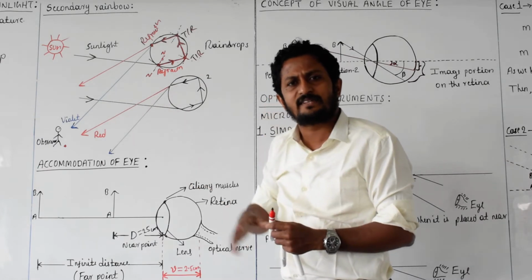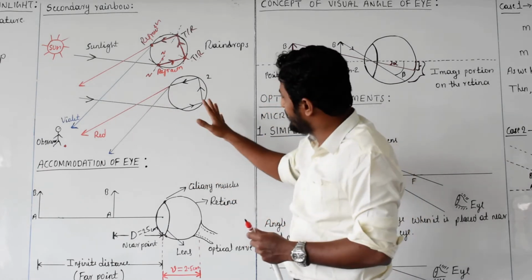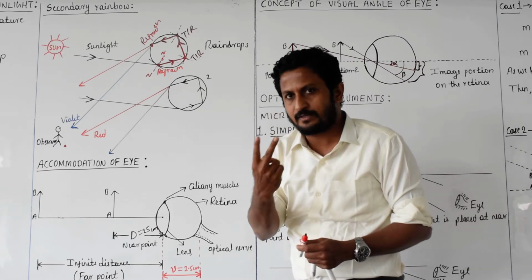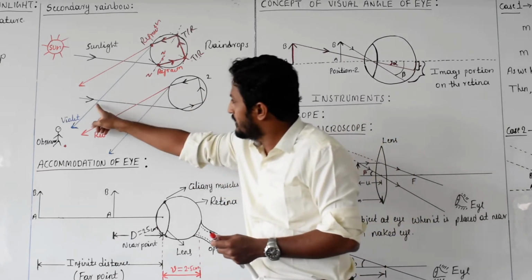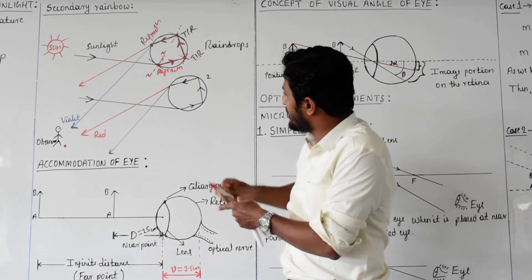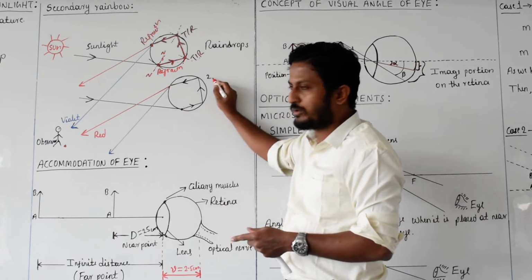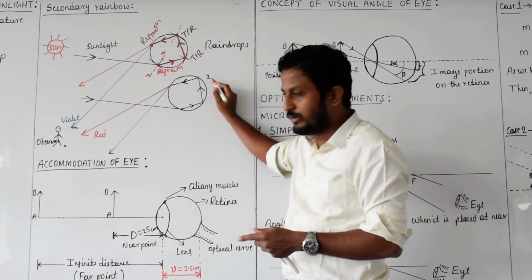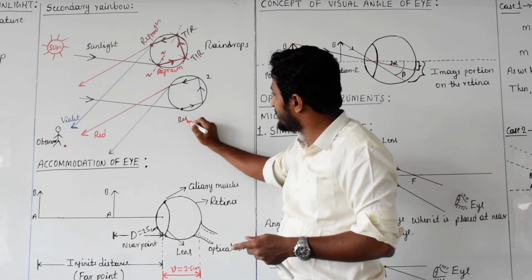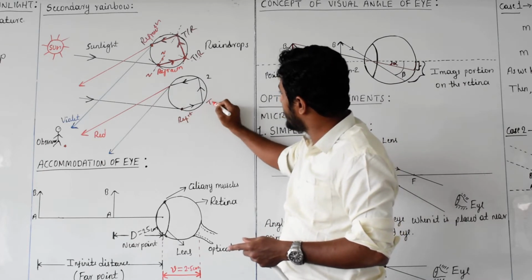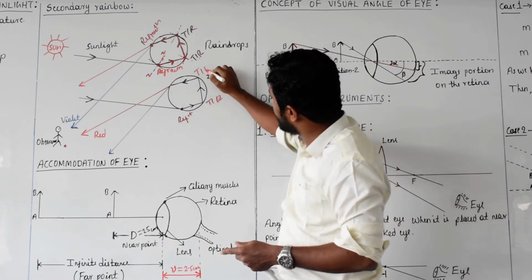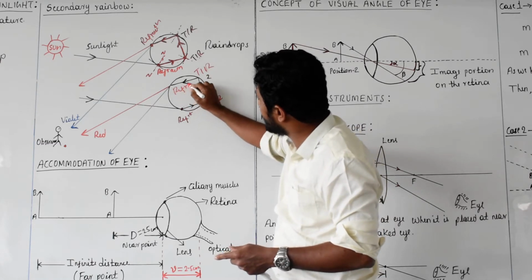Similarly, at that time, the same phenomenon takes place through the second water droplet. A light ray entered the second raindrop. Here a refraction, here TIR, and here one more TIR, and finally here the refraction.